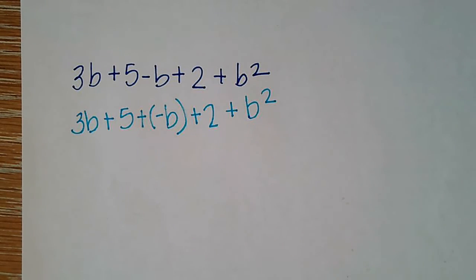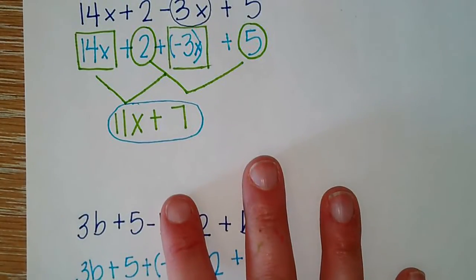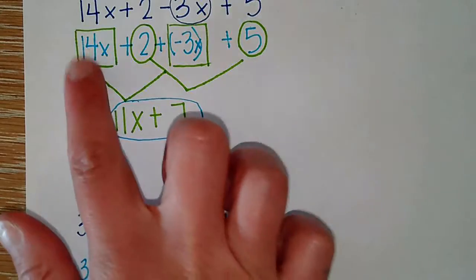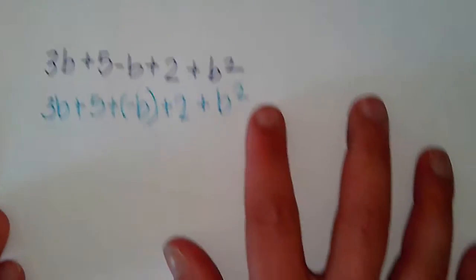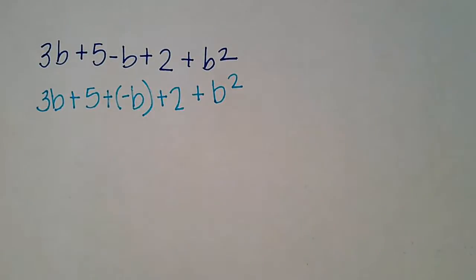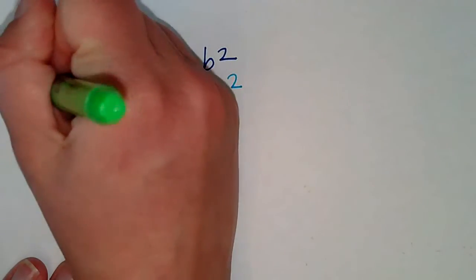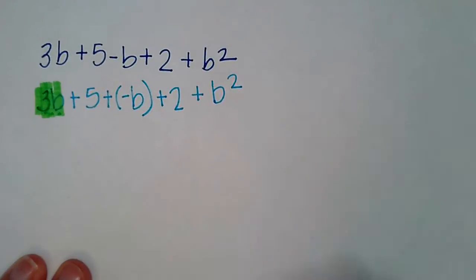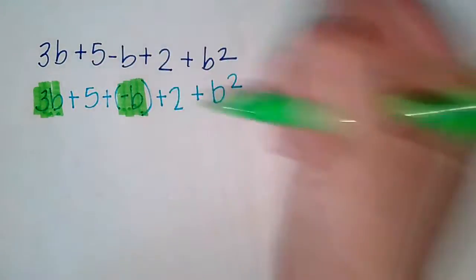All right, a next step is to identify the like terms. Last time, we used different shapes to identify our like terms. This time, I'm going to use colors. So I've got 3b and negative b.